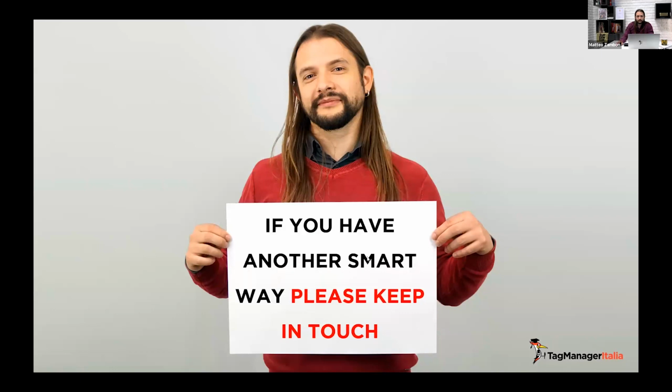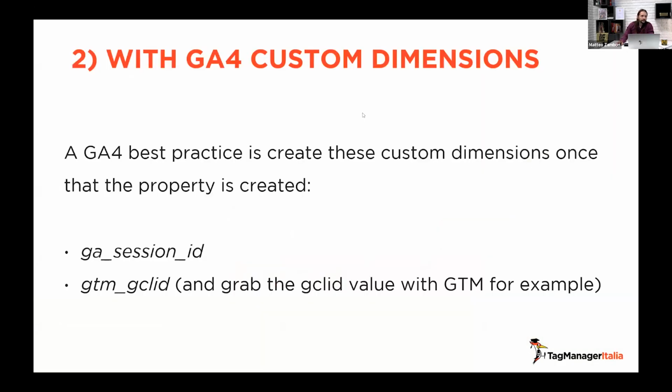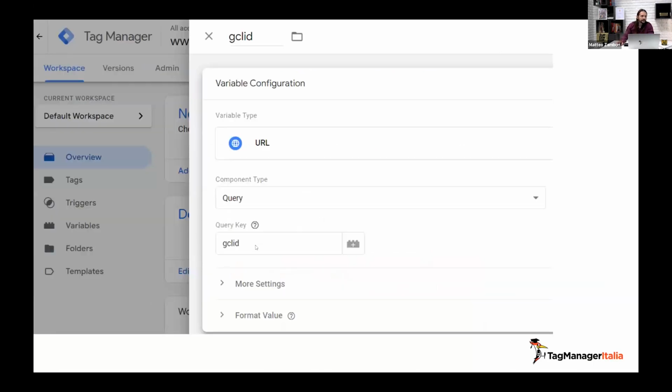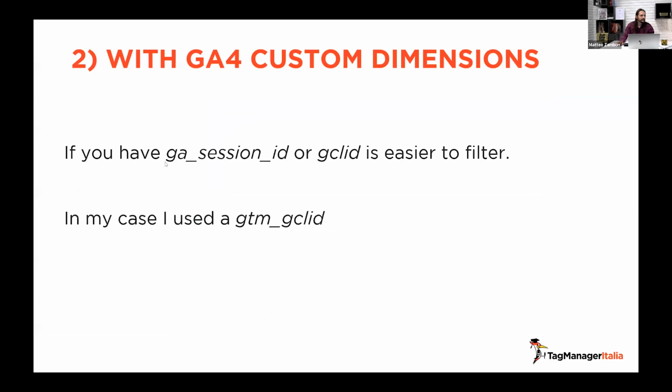The easy way, the smart way, is if you have created a custom dimension like GA session ID and GTM gclid or something like that directly in GA4. Of course, for the GTM gclid, you have to create a specific variable configuration, and if you use this custom dimension, it's easier to filter.